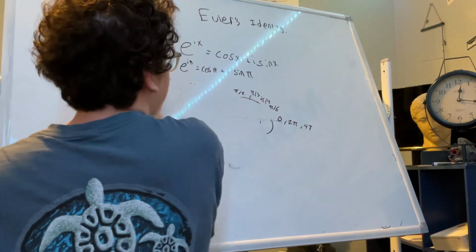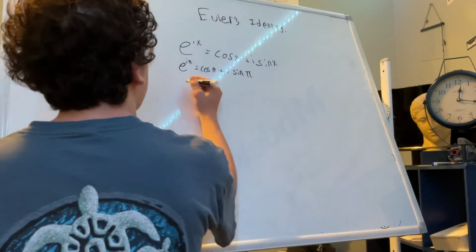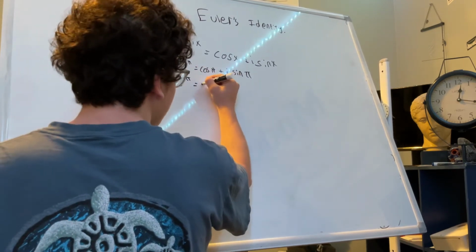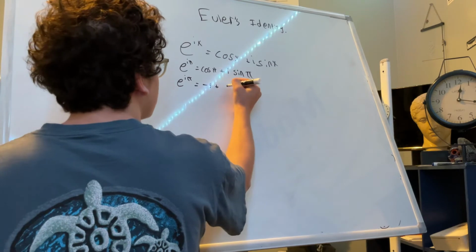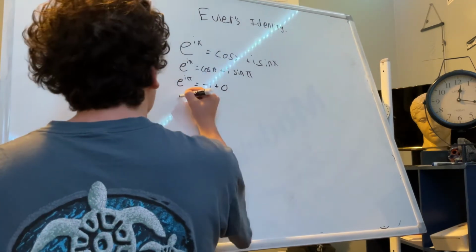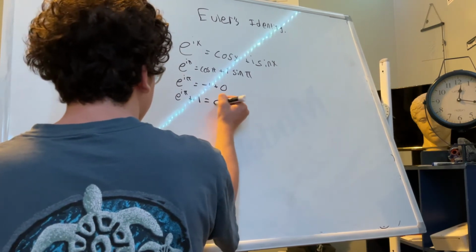Now, with our newfound knowledge of the unit circle, we're going to say now e to the i pi is equal to cosine pi, -1, plus i sine pi, which is 0. Therefore, e to the i pi plus 1 is equal to 0.